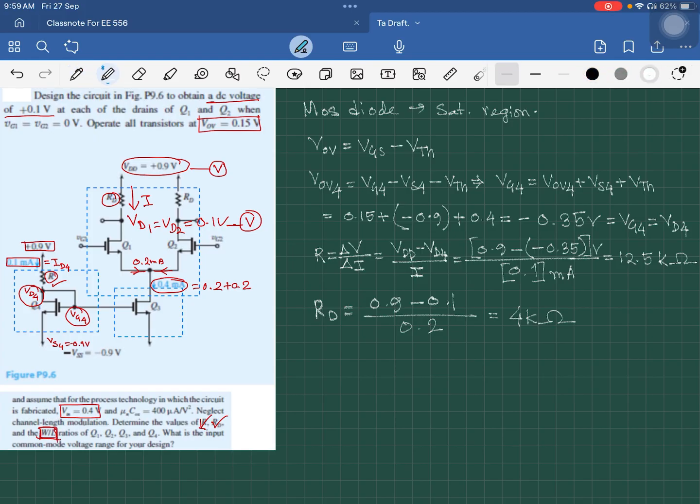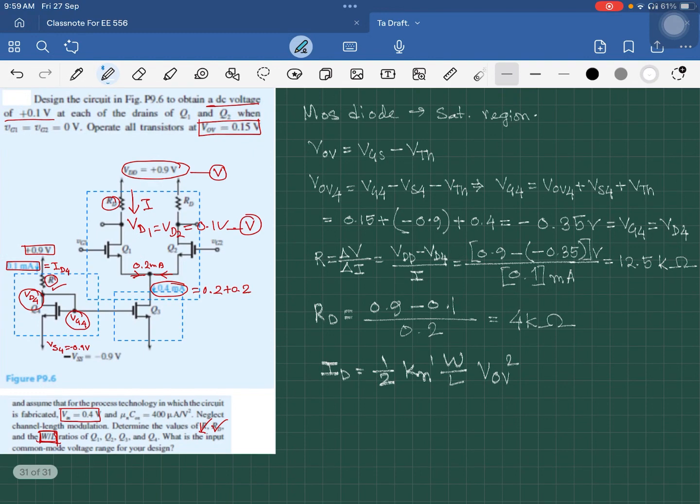And then we need to find W by L. From the MOSFET equation, we know that ID equals half Kn prime W by L times V overdrive squared. Here we use the saturation equation because all the MOSFETs are in saturation.